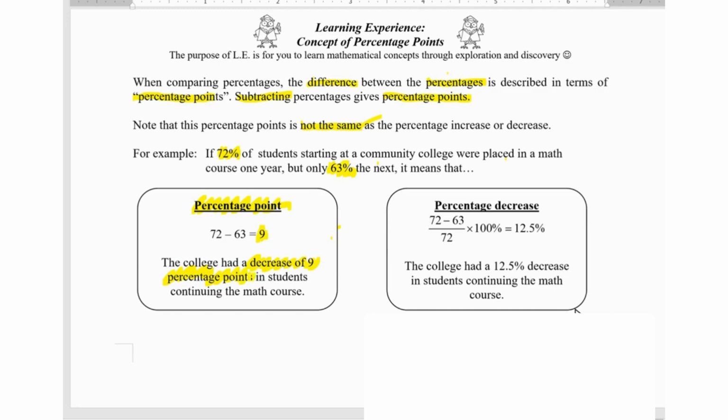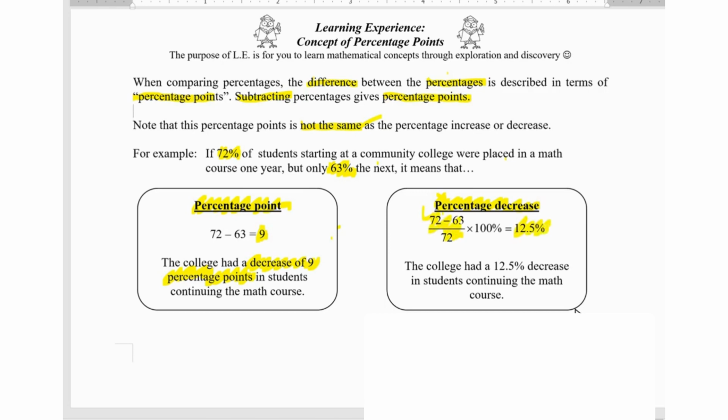Now we look at another angle of looking at this. If we are focusing on percentage decrease, we use the decrease over original times 100%, and you would get the value of 12.5%.